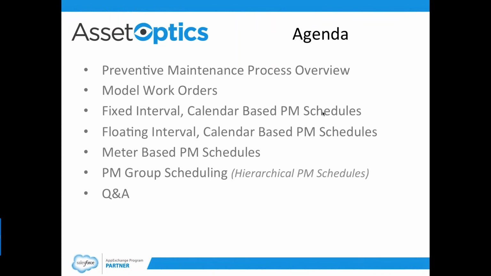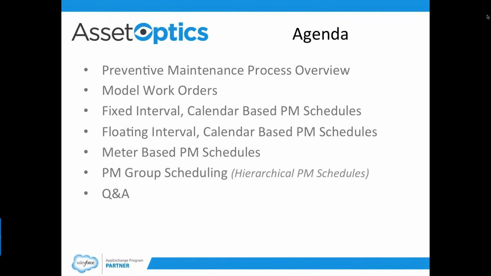So for the agenda, what we'll be stepping through is a preventive maintenance overview. We'll be talking about model work orders, and we will go and explore some of the model work orders. Then we're going to go into each of the 4 different types of PM schedules that are set up in the system.